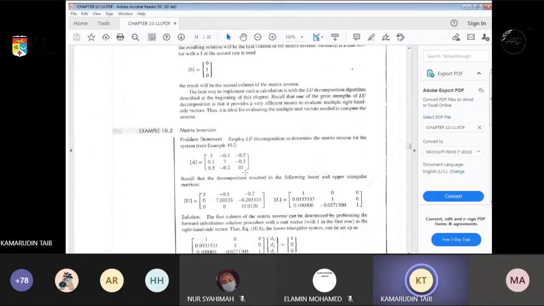Okay, example. Now, we want to find the inverse of this matrix by using LU decomposition.